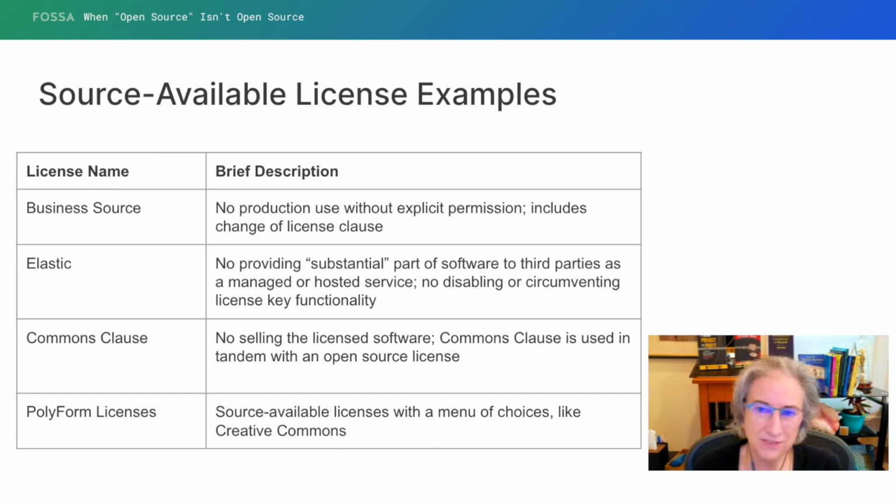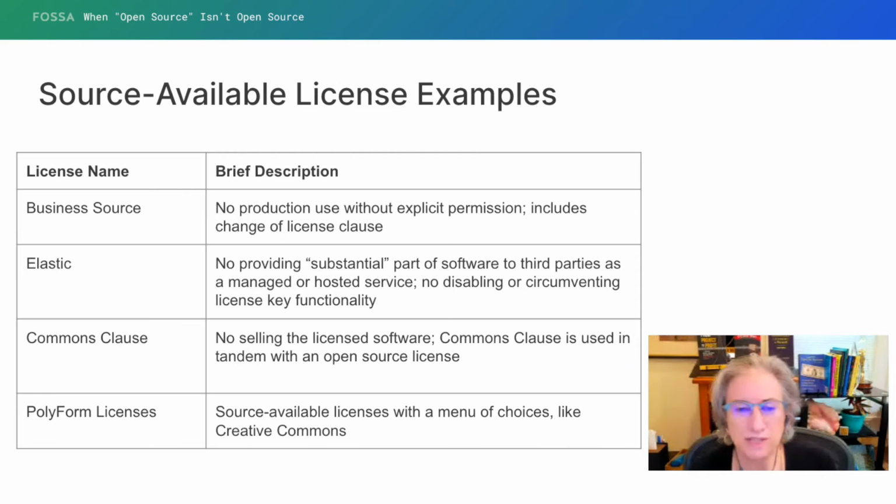And then it says automatically after a certain amount of time, maximum 4 years, the license changes to a GPL compatible open source license. So this is sometimes referred to as embargo or delayed open source.